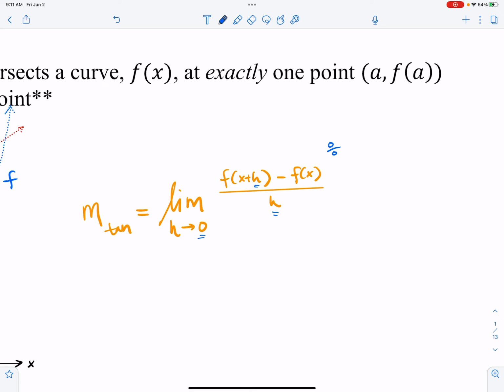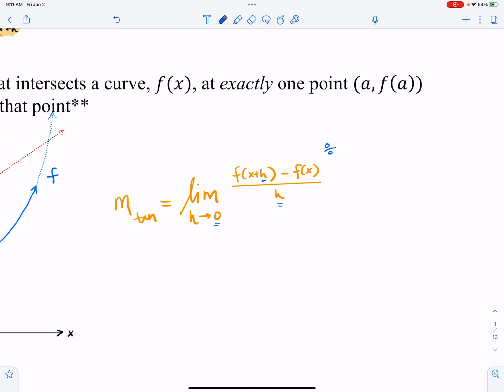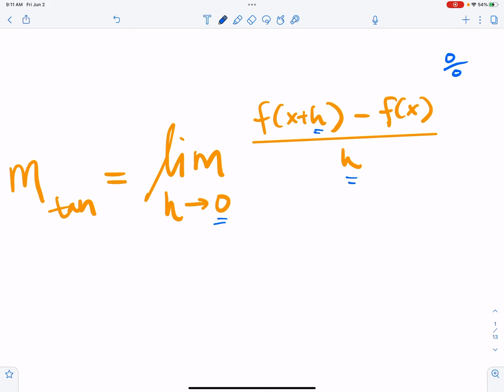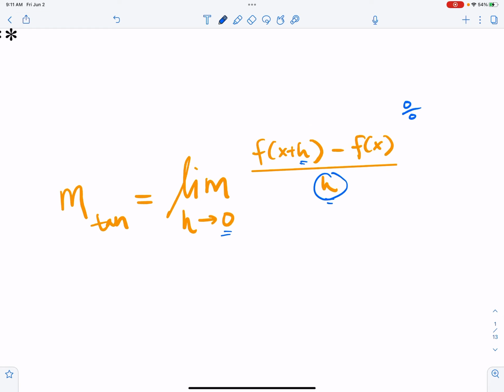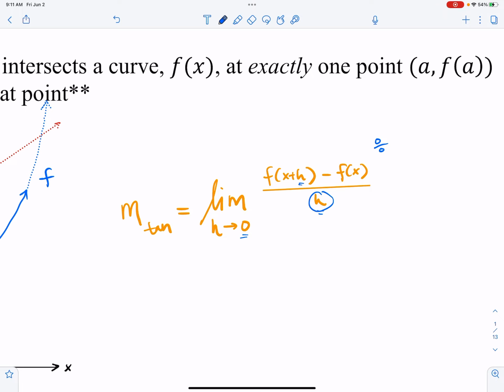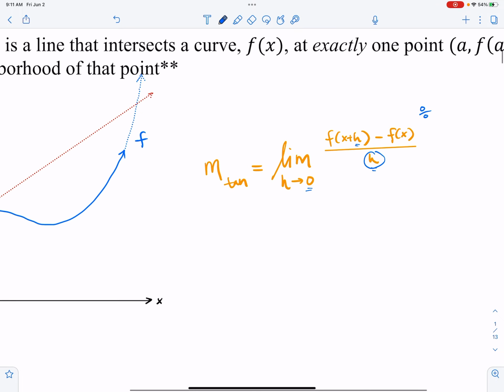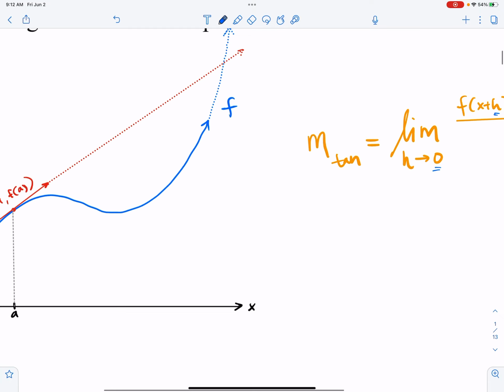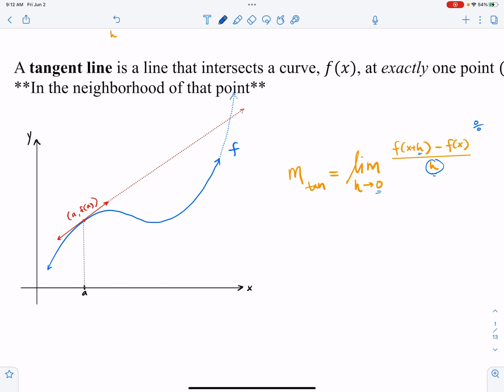Or that's what we're getting to. But you would have to do some work in order to get this h to cancel so that you could actually evaluate the limit analytically. But the slope of the tangent line to any point on the curve where the slope would exist would be this limit.